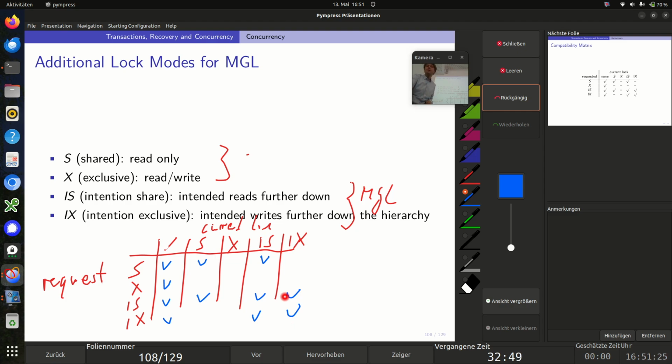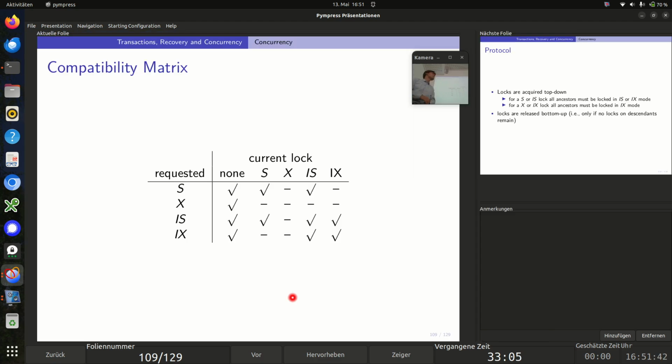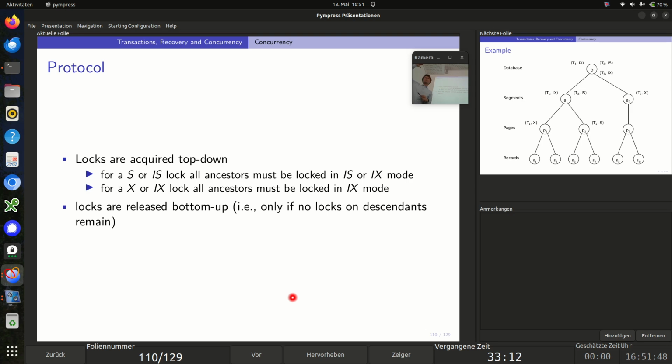As I've shown you before, if we have a record down at a leaf, and this is being changed, and the red item is somewhere else, this works. So that's the compatibility matrix. And as I've shown you, locks are acquired top down, and they are released bottom up.